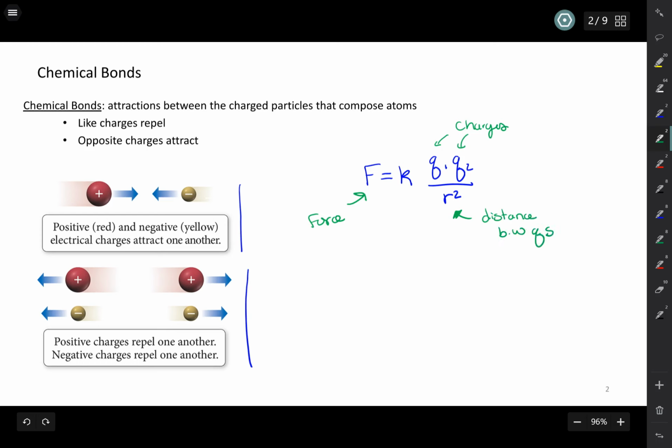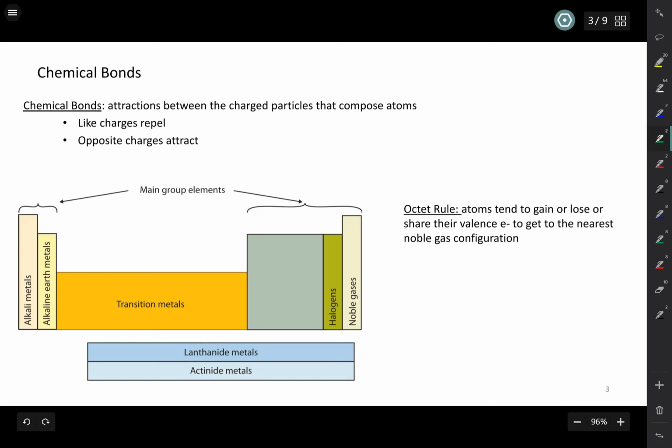I won't have you doing any math with this equation, Coulomb's law, just here to show you this is the quantitative version, and this is just showing you the qualitative.